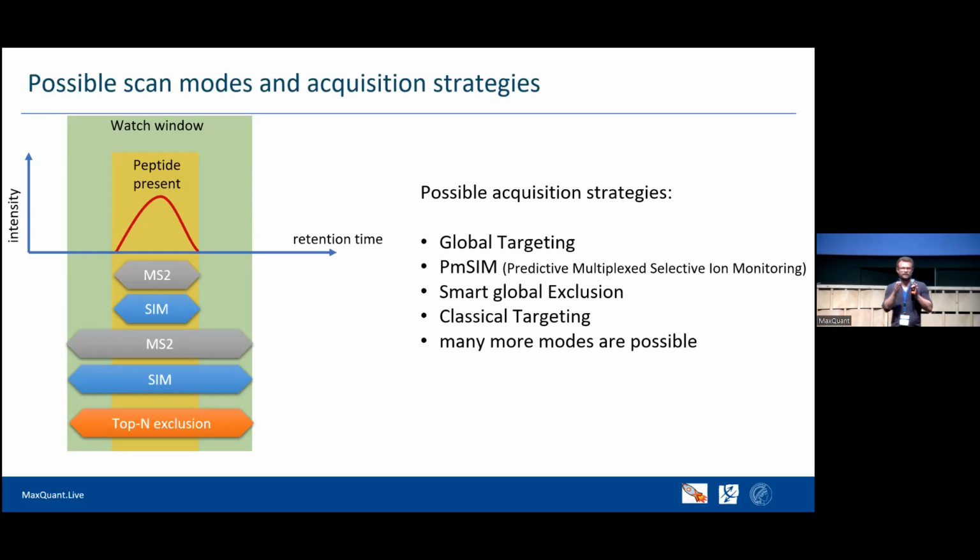So we set these targeting windows without waiting for any peptide signal. Exclusion strategies, you can do the classical targeting, and you can actually be creative and play around. There's many settings in the interface.